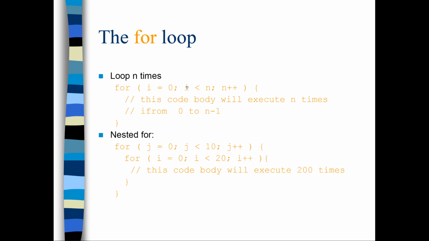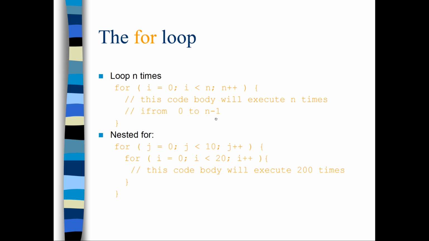What condition you have to check is to be specified over here, and the third part of the for loop is your increment or decrement. You can perform whatever increment or decrement operation you want according to your requirement, and according to this your code will execute.